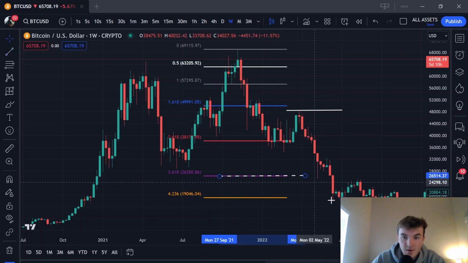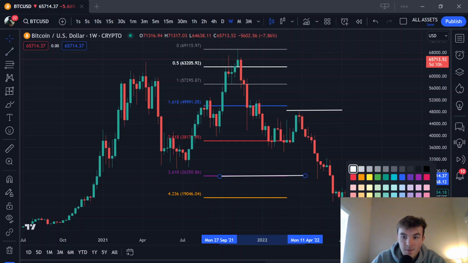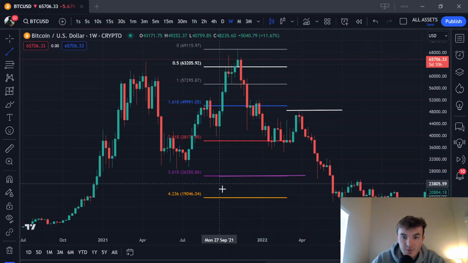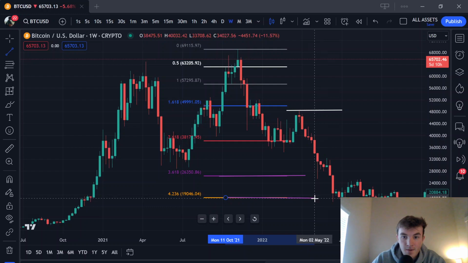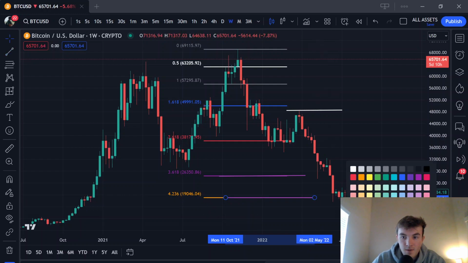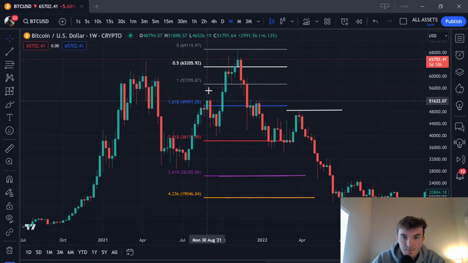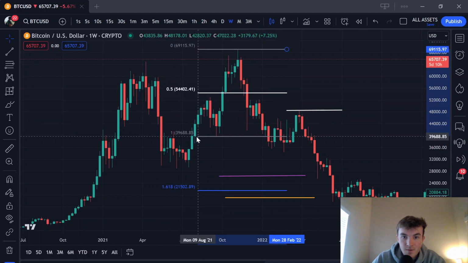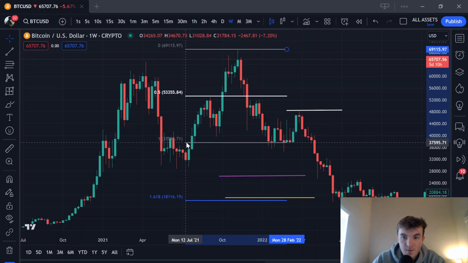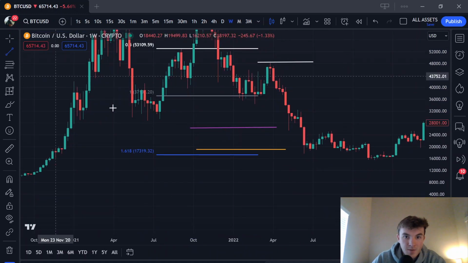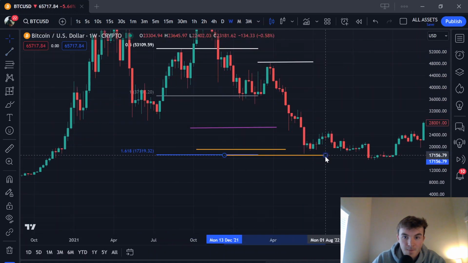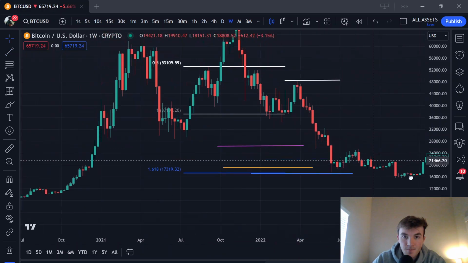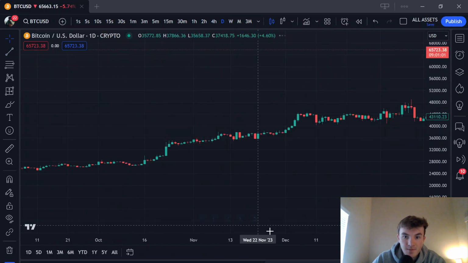We're gonna mark the purple one and the gold one, okay? If I bring it out, okay, maybe we mark the blue one. I'm gonna zoom in.